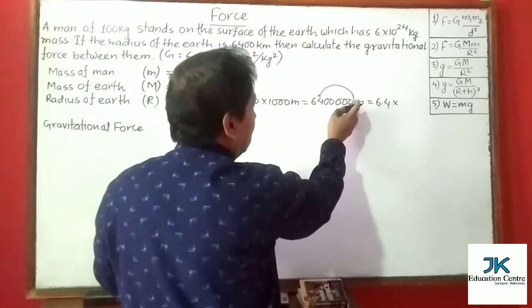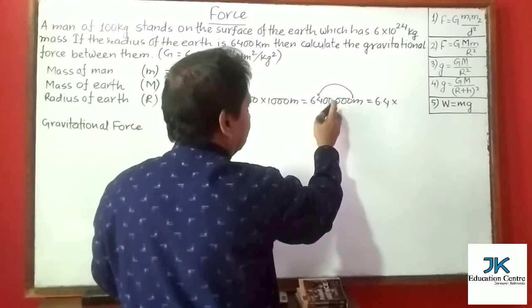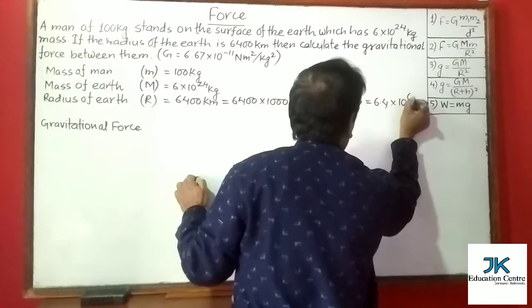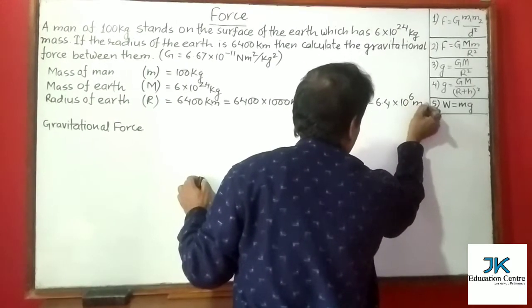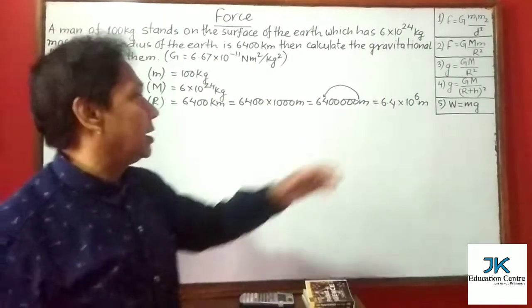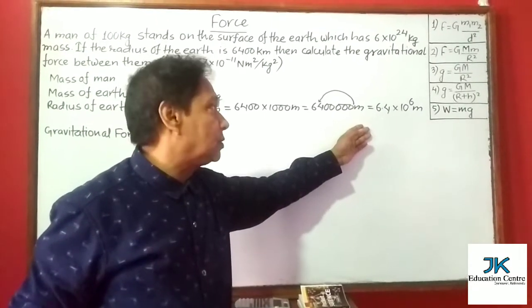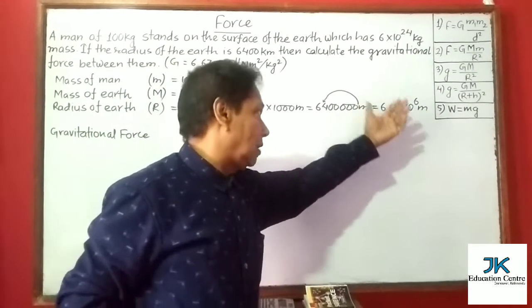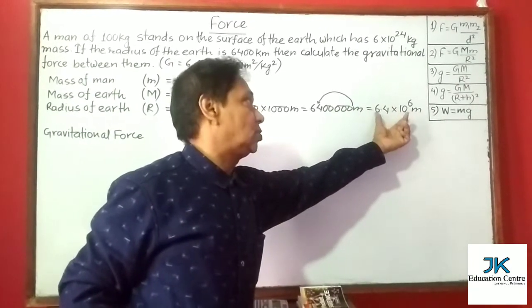The decimal point is shifted 1, 2, 3, 4, 5, 6 digits. That's why I have to multiply it with 10 to the power 6, and it comes in meter. This way I taught in the previous class also. This big number is usually not used, and the number is shortened this way.